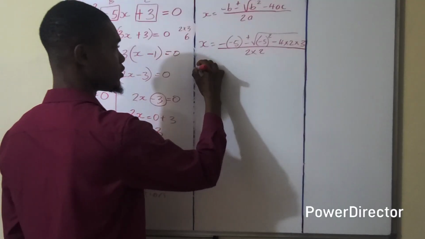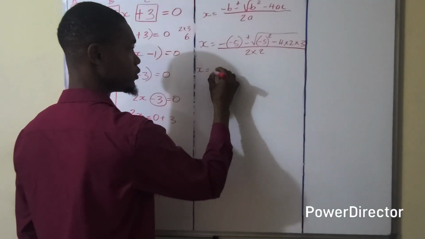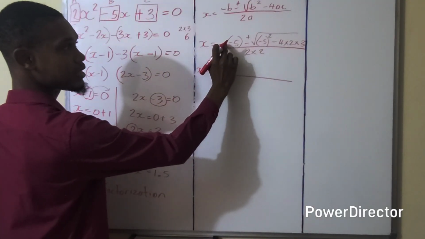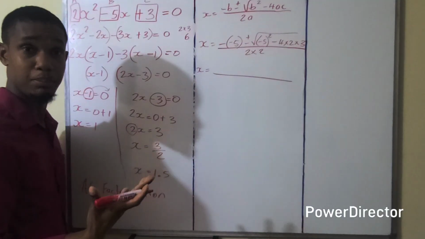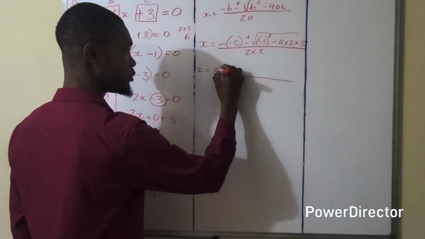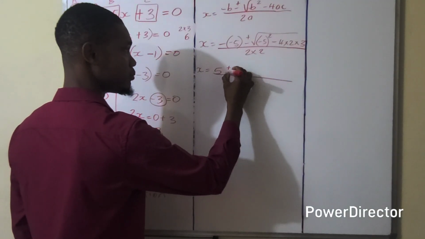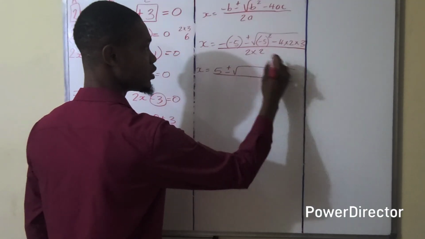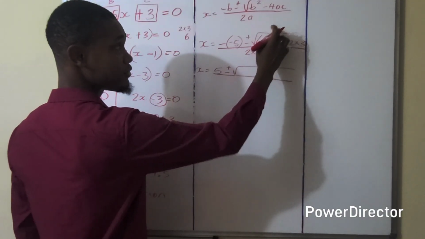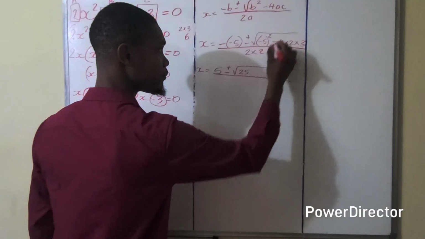And then you start to solve, work it out piece by piece now. Negative and negative here, that makes a plus. So you can just drop that part and put 5. Plus, minus, square root. So you work out each piece. So -5 squared, that's 25.